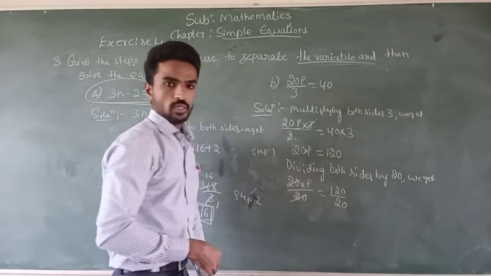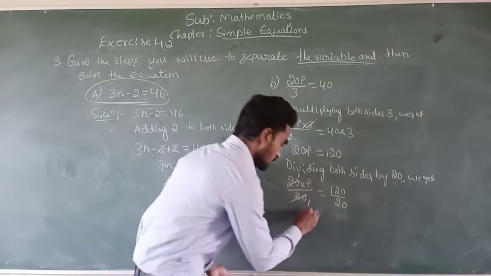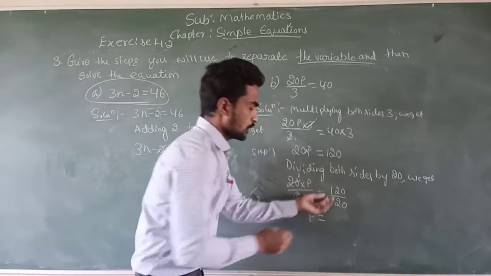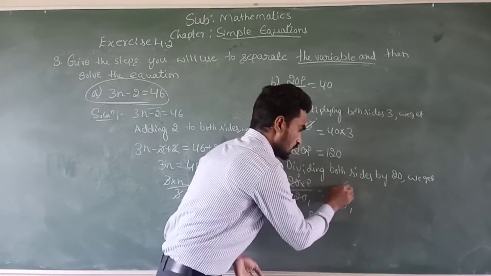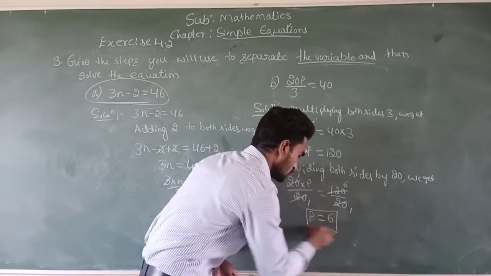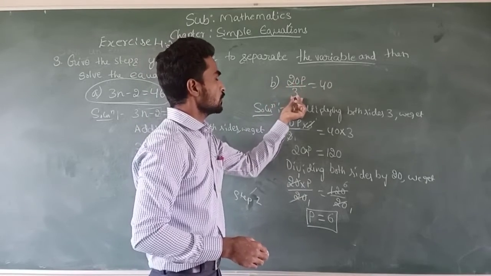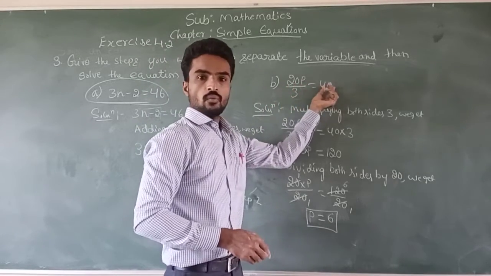These 20s cancel. The remaining term is p. p is equal to 6 (20 sixes are 120). Then p is equal to 6 is the solution of the given equation 20p divided by 3 is equal to 40.